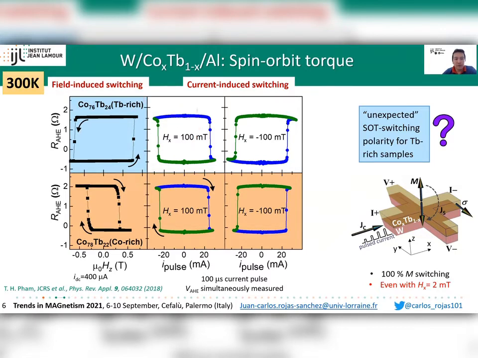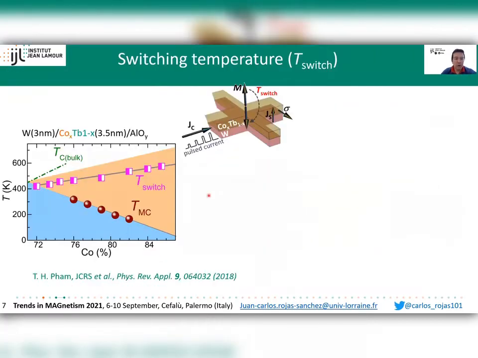So it means that in this experiment, the device is no longer terbium rich, but cobalt rich. And that's why here and here we have the same switching polarity. We further performed a temperature dependence, and very interestingly, we found out that the switching happens when the device reaches the same temperature, independently of the initial temperature.